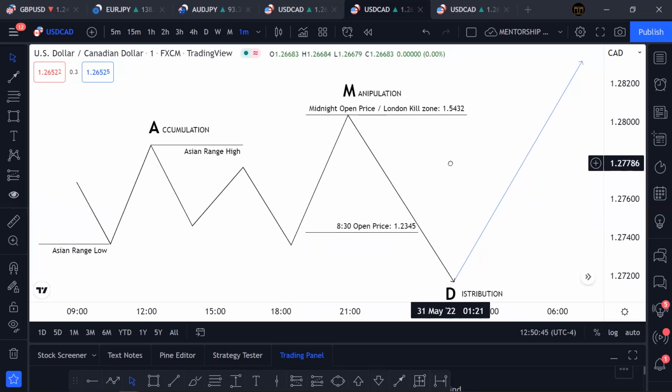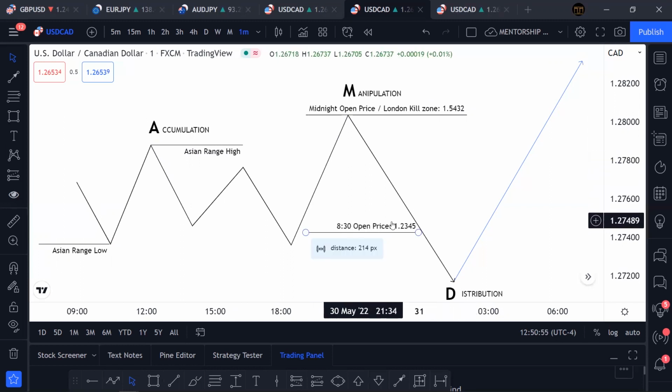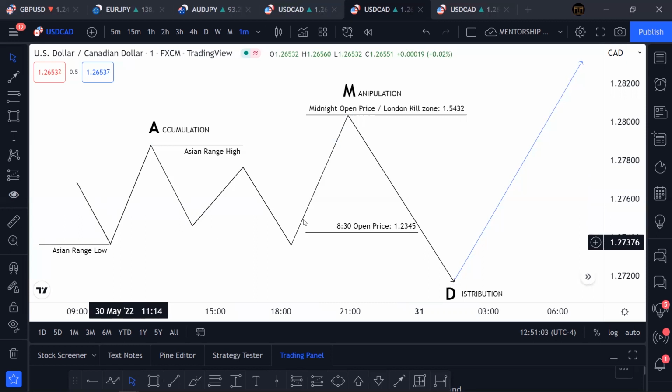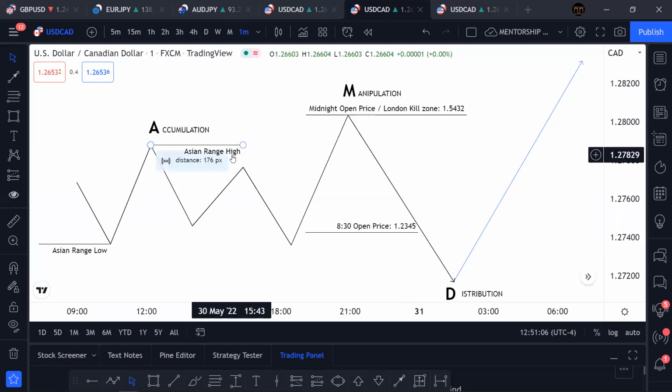So this is what I want you to look for. For the power of 3 to give you what you're looking for on a daily basis, I want you to look at where the open price is at. Here we have the accumulation, then the Asian range high.